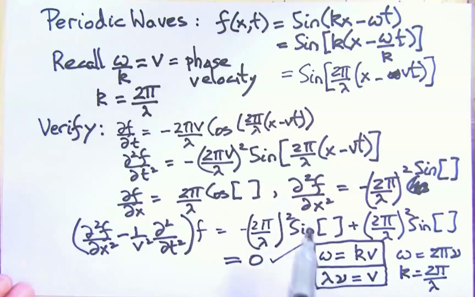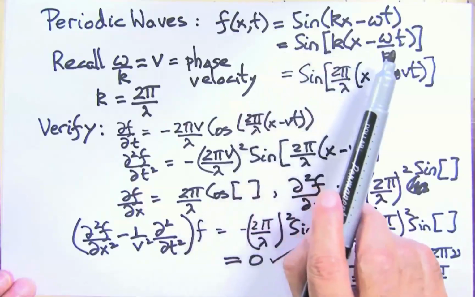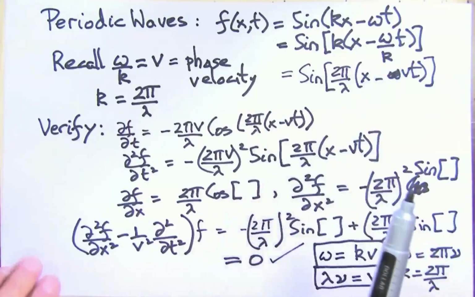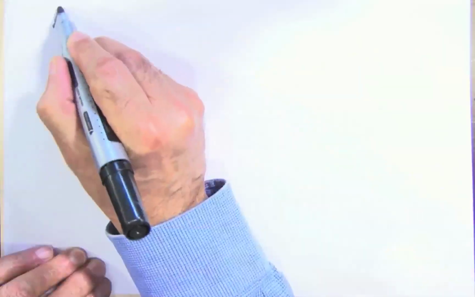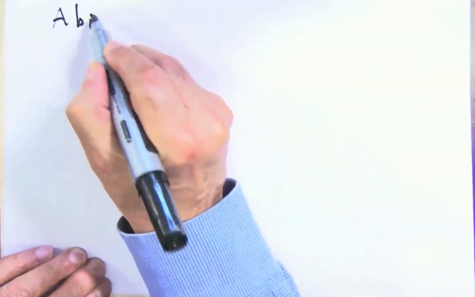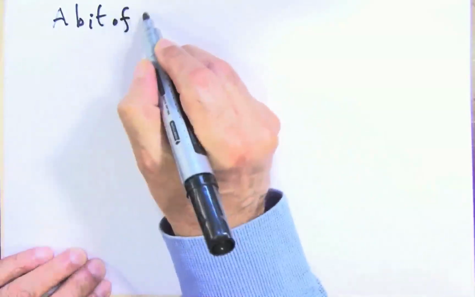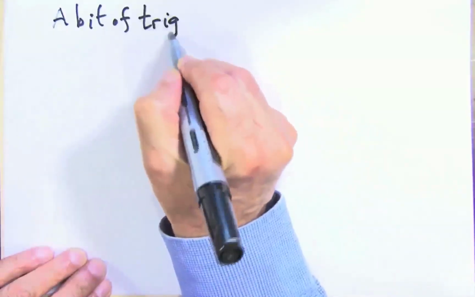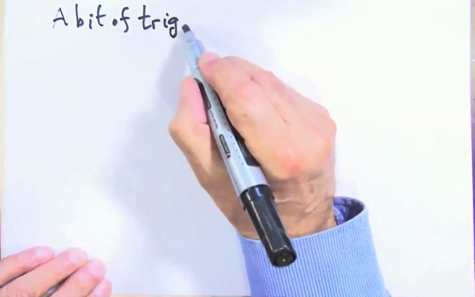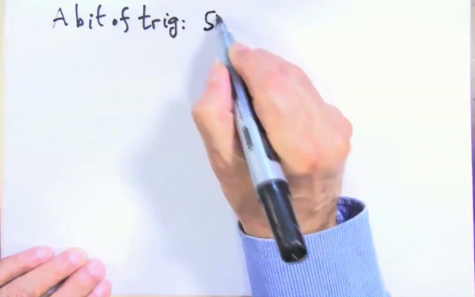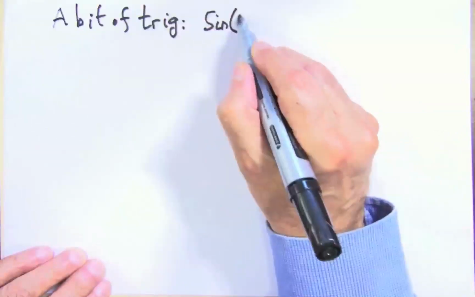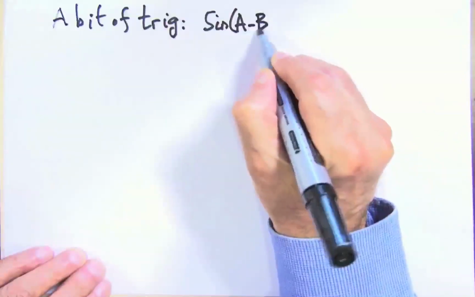Now at this point, since we're dealing with trigonometric functions, I need to remind you a little bit about trigonometry. So let's do a bit of trigonometry. And here, I remind you of something that you certainly learned in school, but need to refresh.